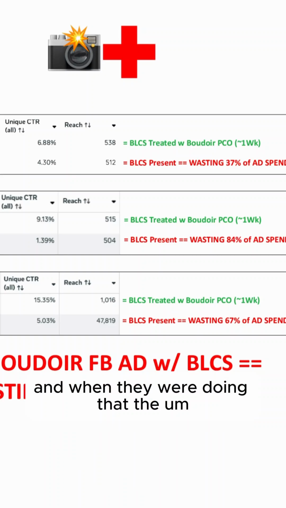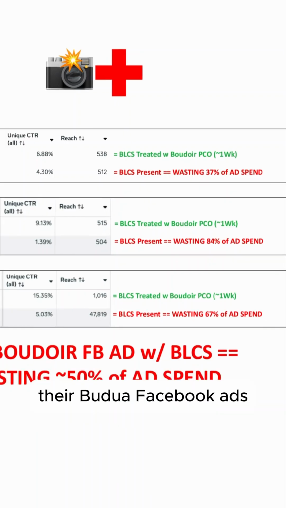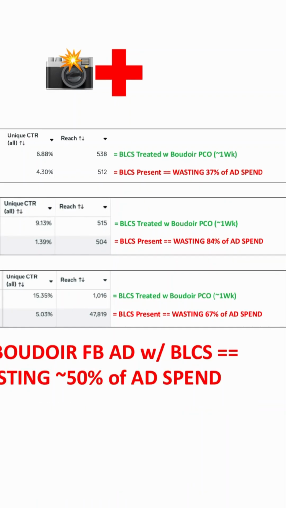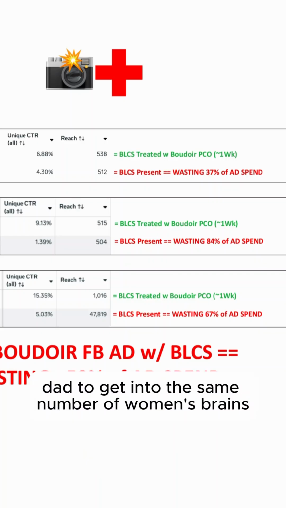If they spend 10 grand a month on their Boudoir Facebook ads, now they only have to spend 1.6 grand a month on the Boudoir Pico treated ad to get into the same number of women's brains.